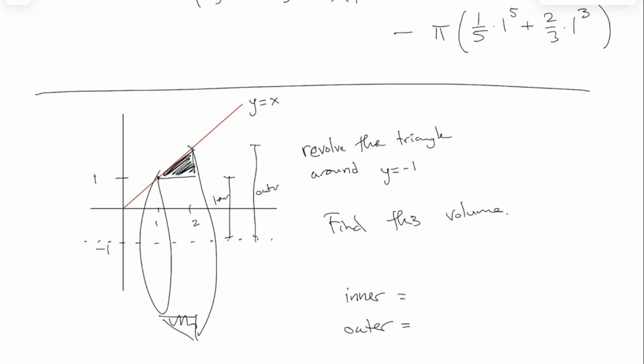Looking at, say, this height, this top value, which is just x, minus this value. But the inner is two.